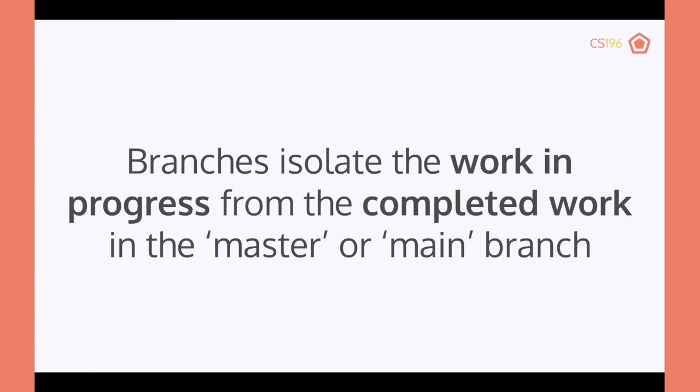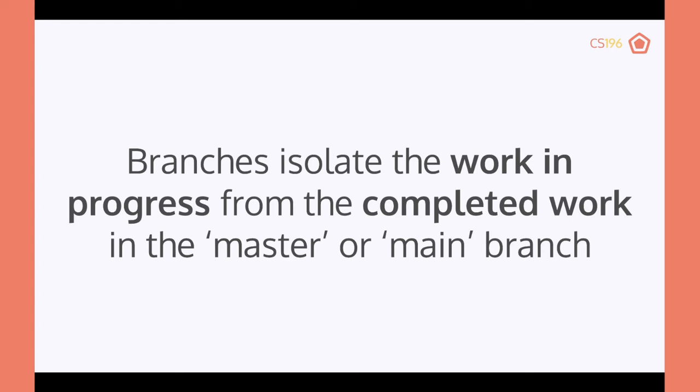A lot of versions of Git still use master. In our case, the GitHub Enterprise for U of I still uses master as far as I'm aware, and it's something that apparently we can't change, so it's just kind of there. So you'll hear me refer to them as both. You'll usually hear me refer to it as master, but you'll see it as main in a couple of places. It just kind of depends on which version of Git you're using and where.